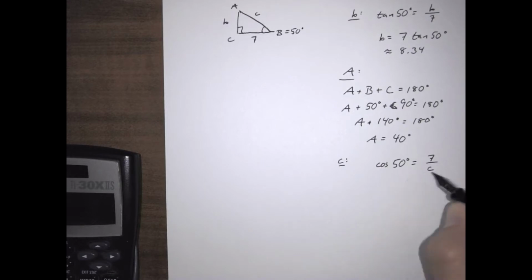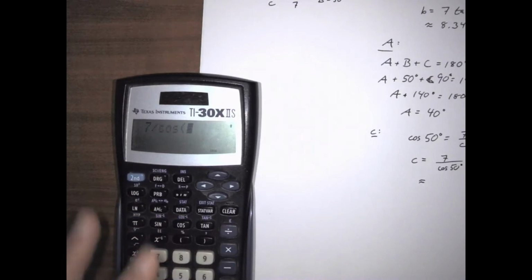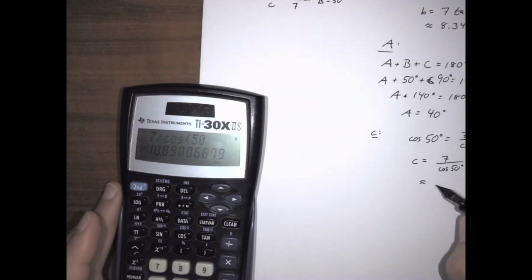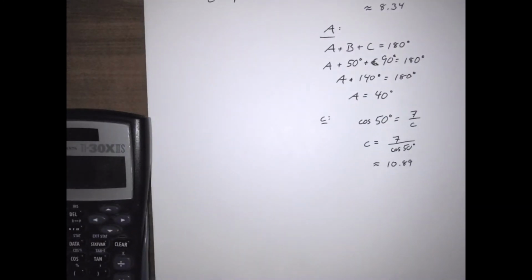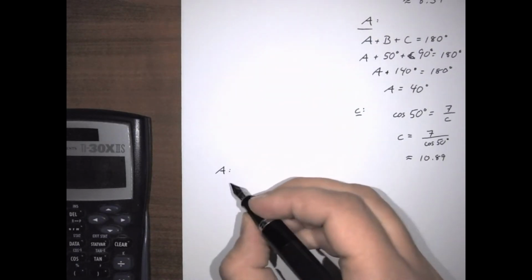If I multiply by c divided by cosine 50, I'll have 7 over cosine 50 degrees for my c, and that will equal 10.89. There are different ways you can go about these. So if you were instinctively leaning towards a different approach, that's fine, it probably would work.